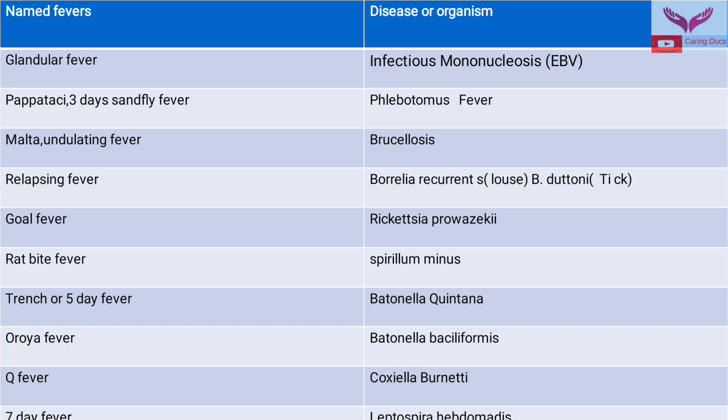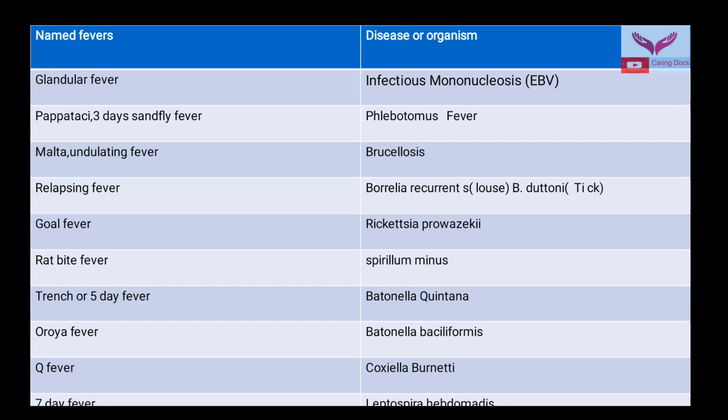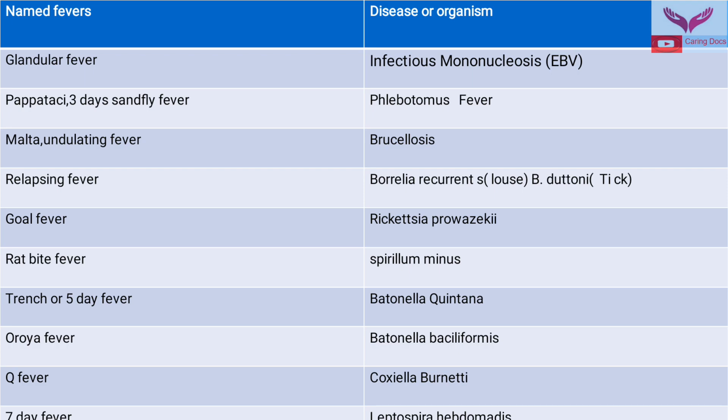Rat bite fever is caused by Spirillum minus. Trench or 5-day fever is seen with Bartonella quintana. Oroya fever is seen with Bartonella bacilliformis. Q fever is seen with Coxiella burnetii. 7 days fever is seen with Leptospira bataviae.